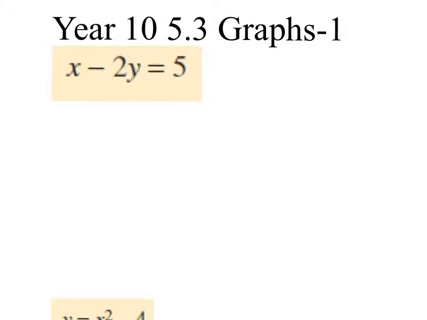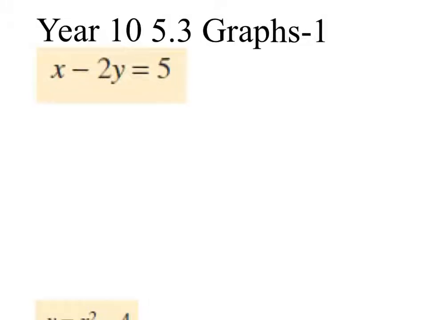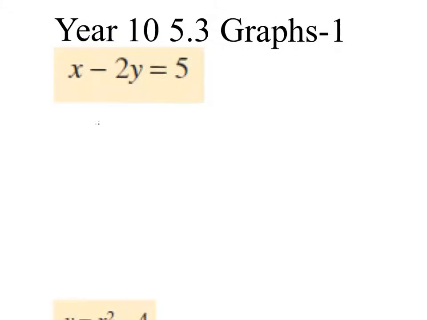So I'm going to rearrange this. I'll write minus 2y equals 5 minus x. I'm going to divide top and bottom by minus 2, so I'm going to have y equals, I'm going to divide it by negative 2.